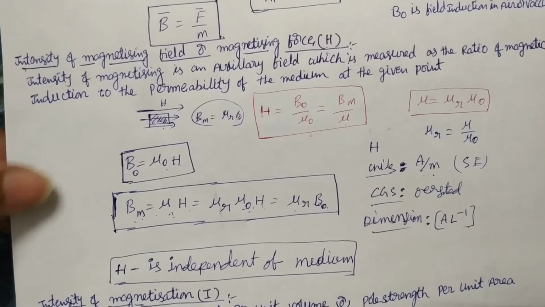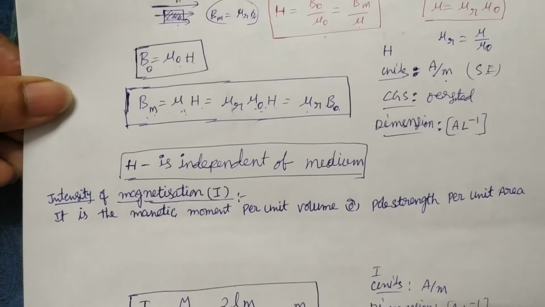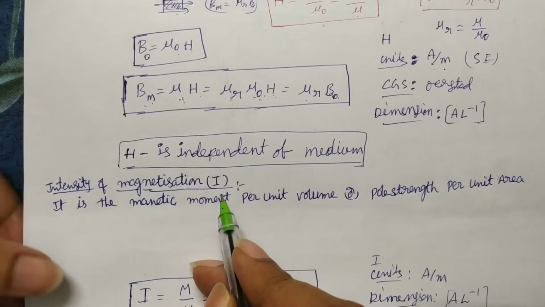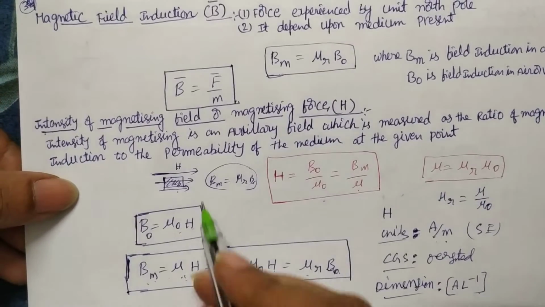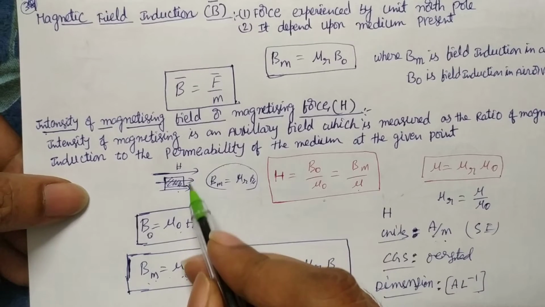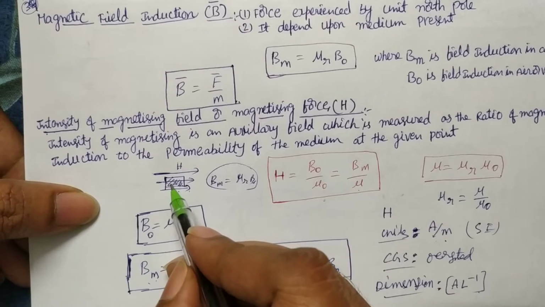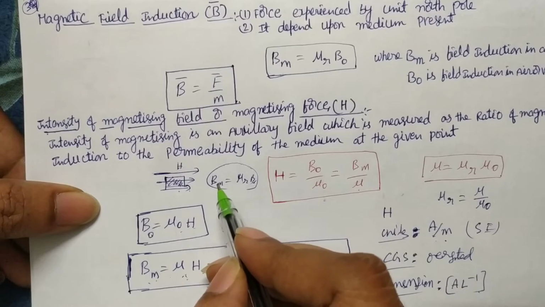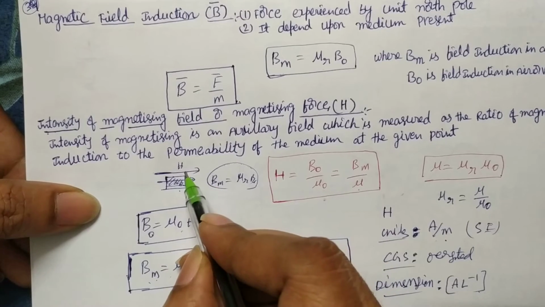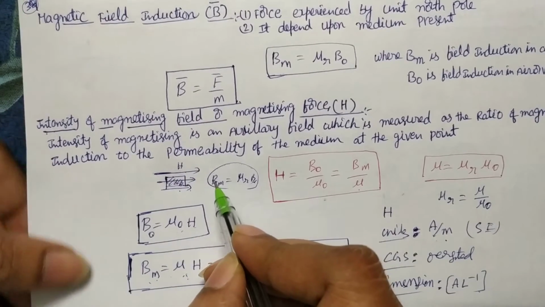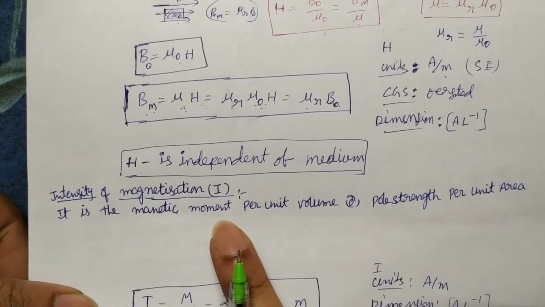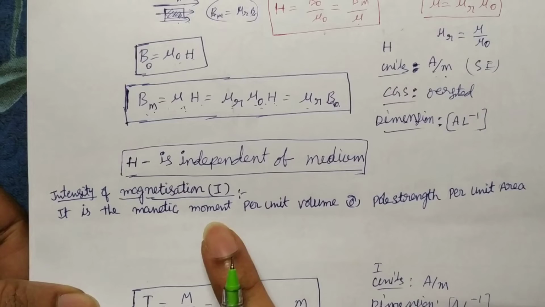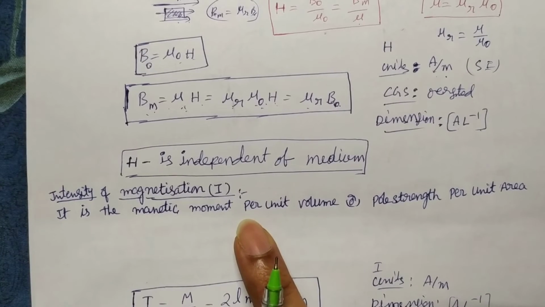Another quantity, intensity of magnetization, represented with I. Already we discussed: suppose here field strength H is there. If you introduce a ferromagnetic substance, what happens? B increases, but H does not increase. Why does B increase? Because of intensity of magnetization present there. Medium present means it creates an I value in the field.